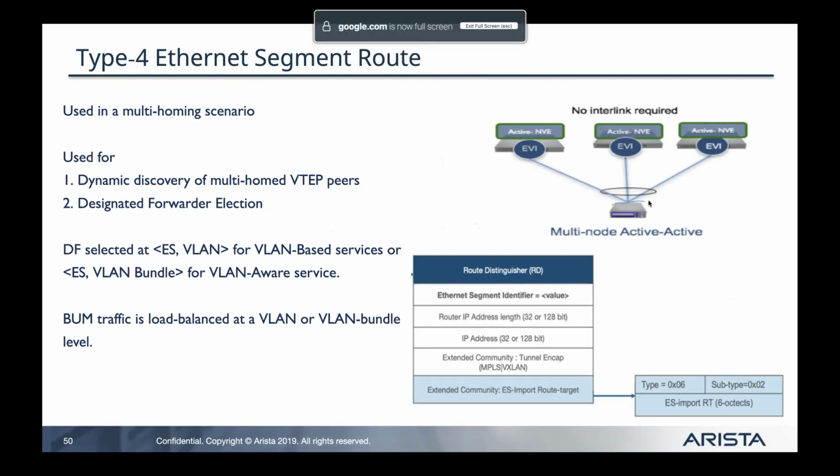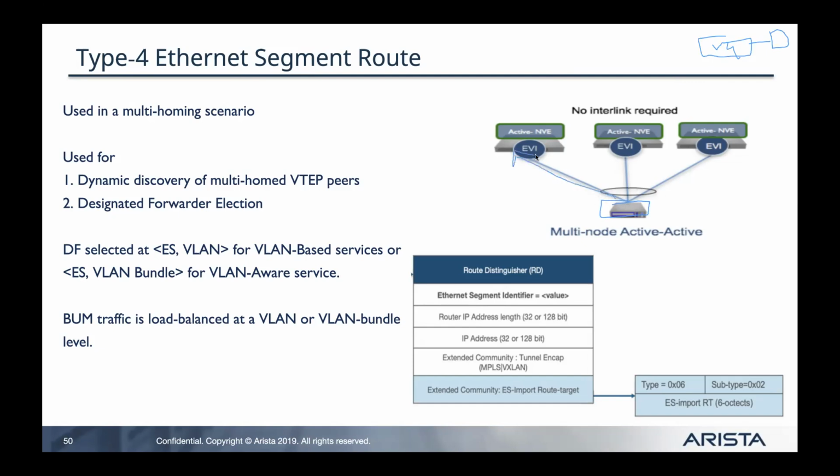Let's say this is a multi-home device, this switch or the host is connected to 3 VTEPs, okay? Now, let's say it is sending some packet. It has to send a packet to any host behind VTEP 4. Now it will choose one of these links and send traffic on it.